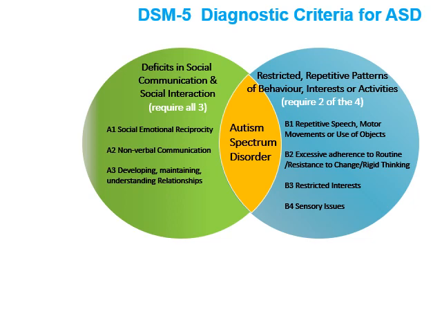To meet the criteria for deficits in social communication and social interaction, a child must demonstrate deficits in all three of the criteria: social emotional reciprocity, as well as the use or understanding of nonverbal communication, as well as developing, maintaining, or understanding relationships. And then showing that they have 2 of the 4 potential restricted, repetitive patterns of behavior, interests, or activities.